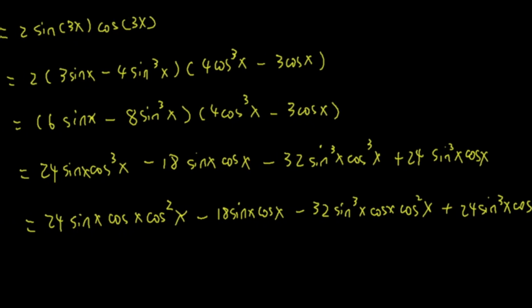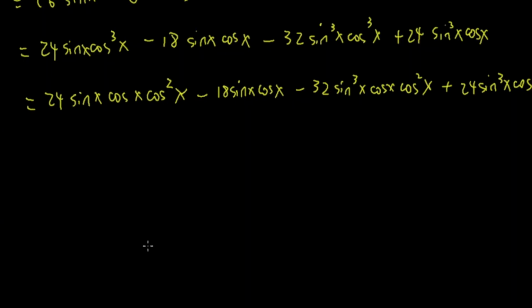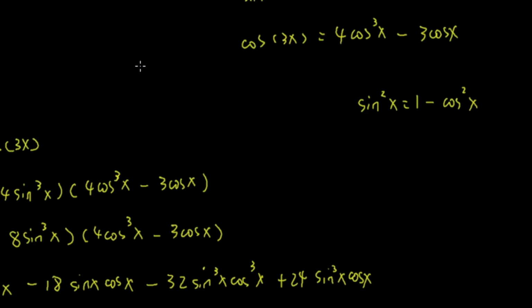Okay, now, for the one that is cosine square x, we can rewrite that as 1 minus sin square x. Okay, I should write this. Cosine square x is equal to 1 minus sine square x.